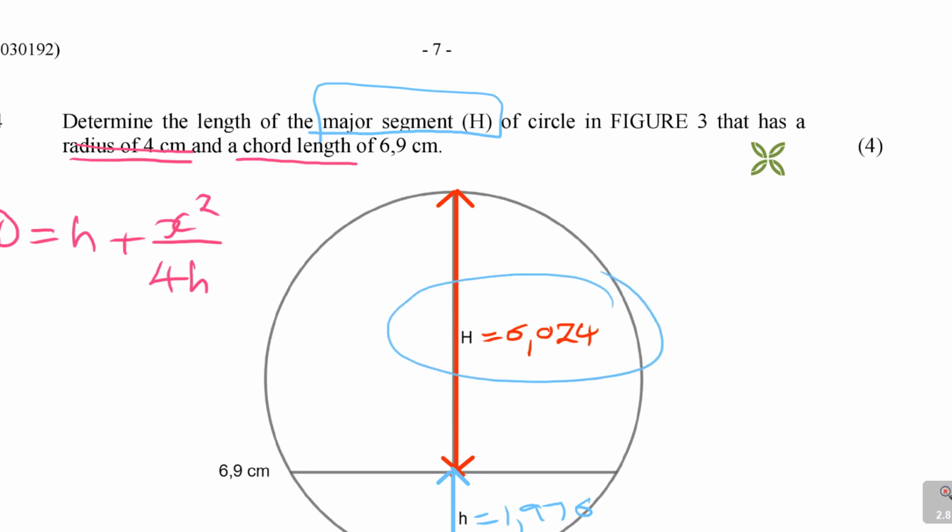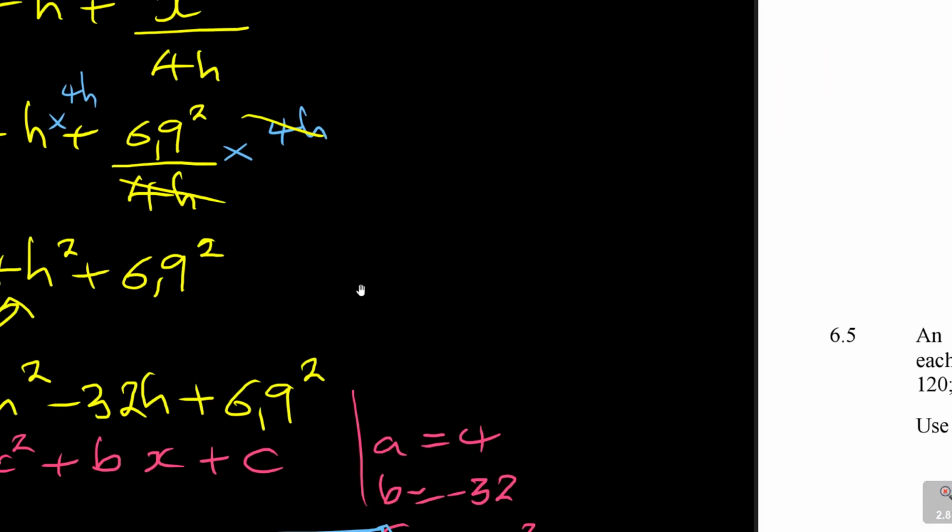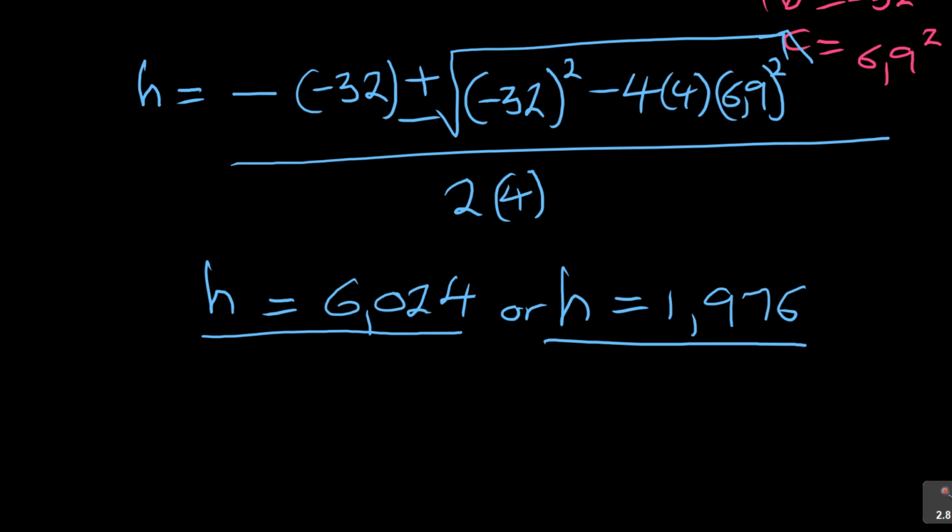They will penalize you the last mark because you are making us guess which one is which, because they specified find the length of the major segment. If they just said find the length of the segments, maybe, but if they say major and minor segment, you are forced to say here therefore major segment equal to, then you give us that answer there.